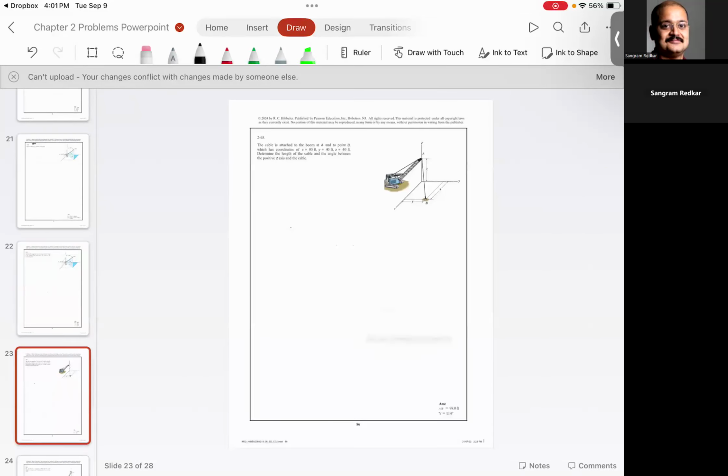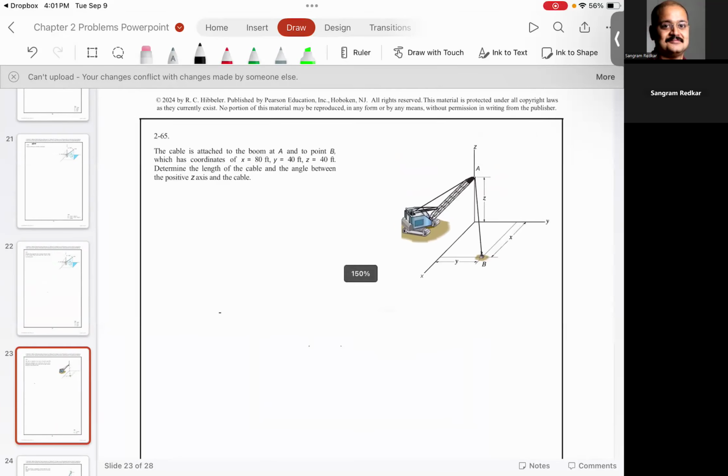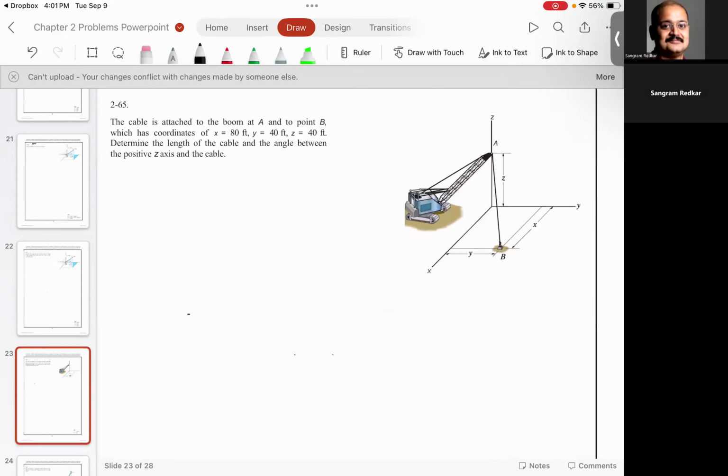Now this is an interesting problem which I want to actually work out. I will give you a minute to read this problem and tell me how I should solve this problem. So what you have is a crane.